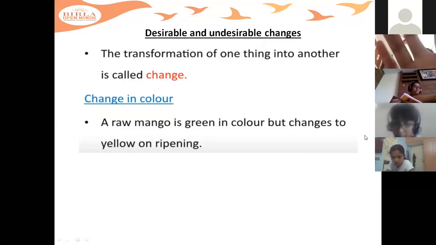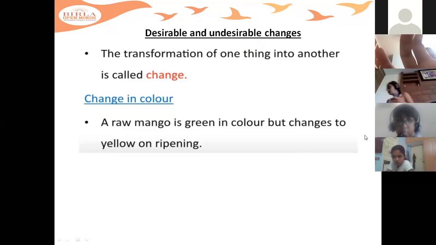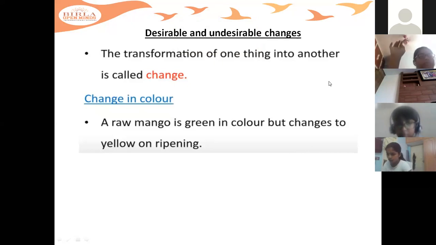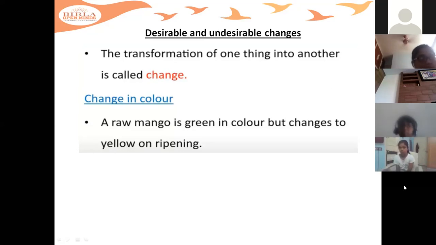If your class is there and before your class you're just playing a game, and now time is passing, it's going to be 9 now, and you can't play your game. So it is a desirable change or undesirable change? You can't play your game in that time because the time is changing its position. The clock hands are changing their position. So it is an undesirable change for you.